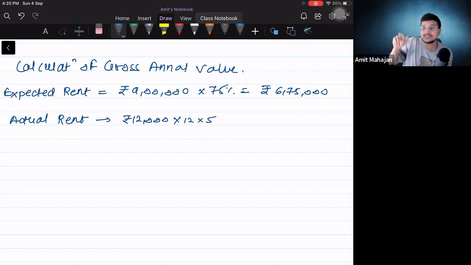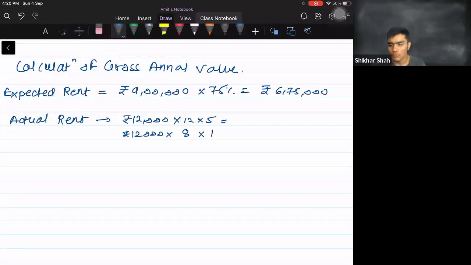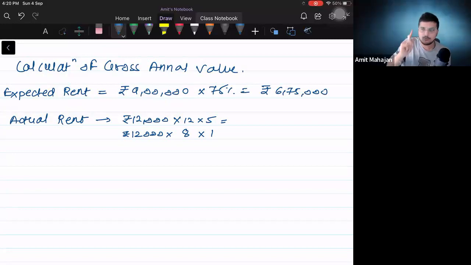Because the 6th property was vacant for 4 months, so I did this first, 12,000 into 12 into 5, and below that one more computation, 12,000 into 8 into 1. Because one let out property was vacant for 4 months, it was not let out for 12 months, only for 8 months. So I did a separate computation for that.